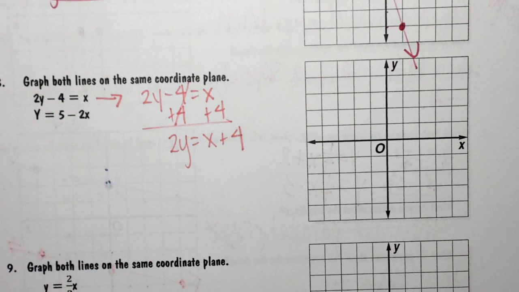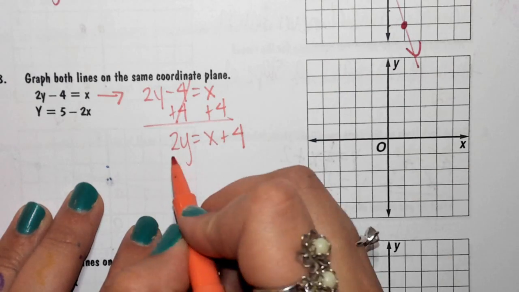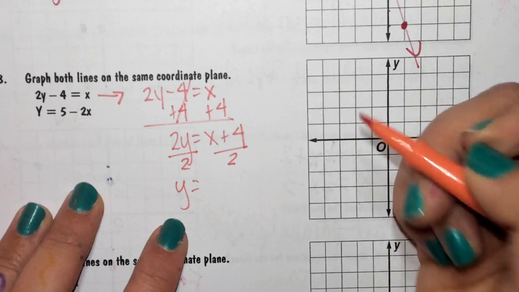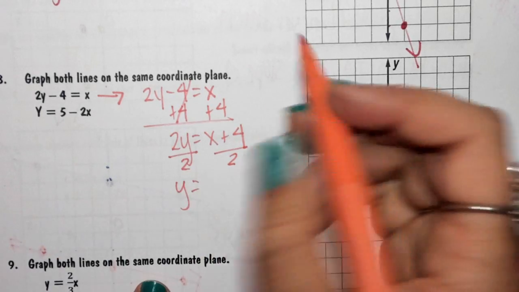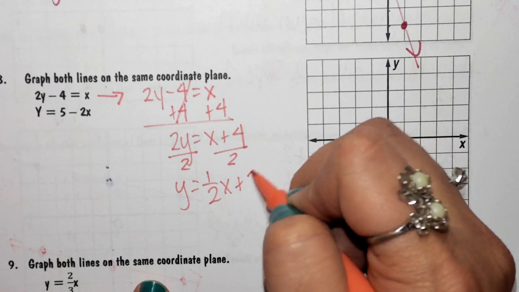Why did I not combine my x and my 4? They're not like terms. Now what do I do? Now you divide. Now what number's in front of that x? So it's 1/2 x, and what's 4 divided by 2?